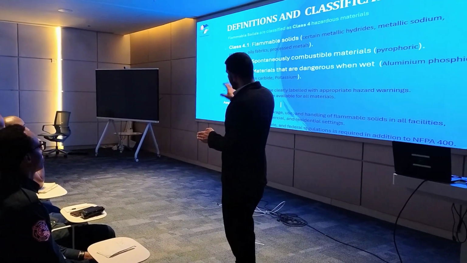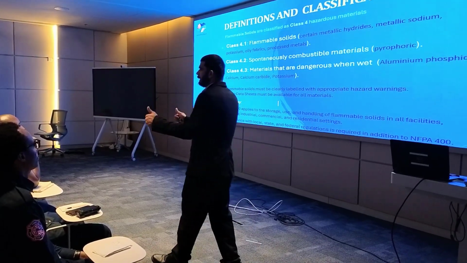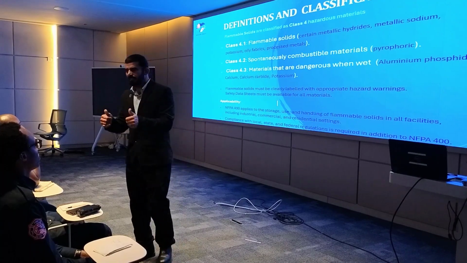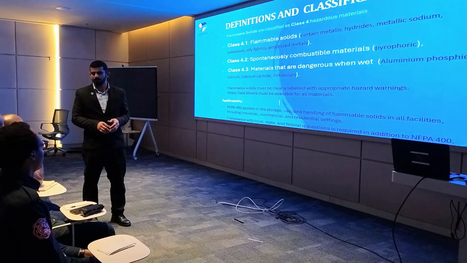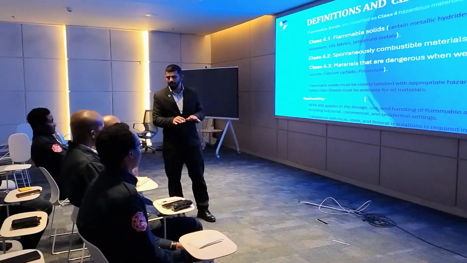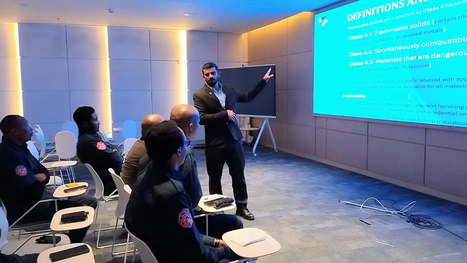So flammable solids must be clearly labeled. What kind of flammable material is inside, what is its rating, the NFPA diamond, each and everything should be displayed on it. You got the point? If you cannot, please let me know. This is important to understand.